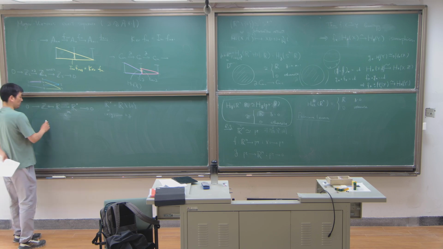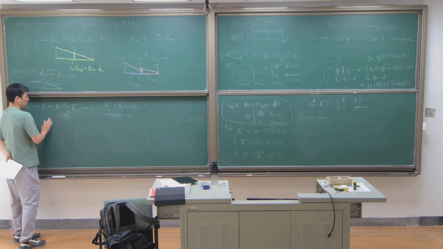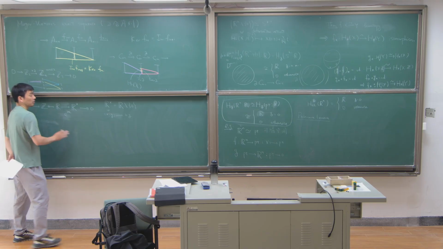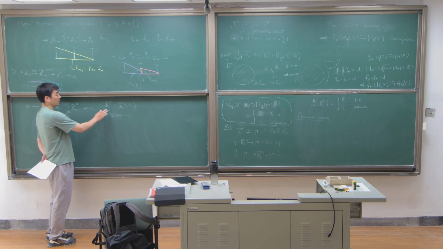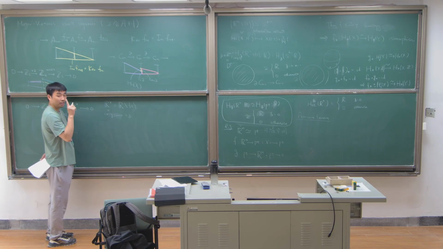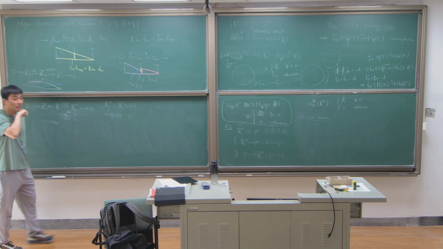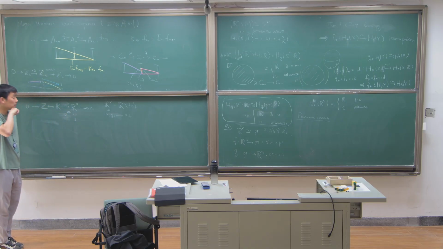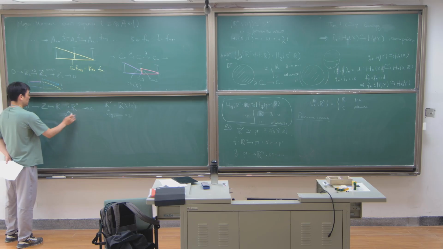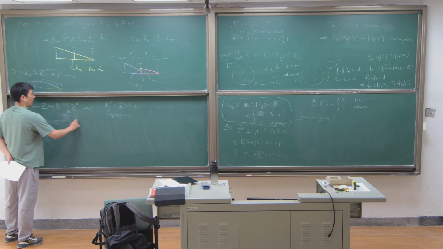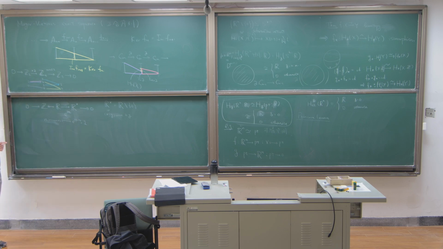If you take some integer n, it's just inclusion, n is mapped to e to the 2 pi i n. Of course the identity element is 1. So e to the 2 pi i n is equal to 1 always, if n is an integer.